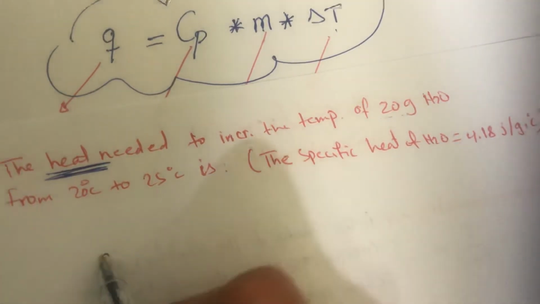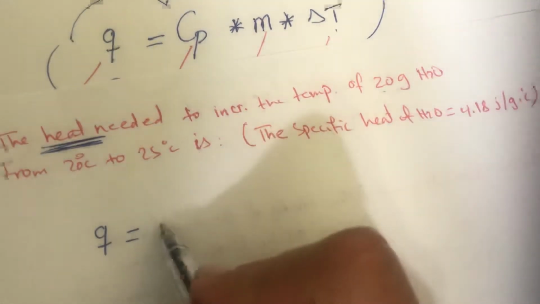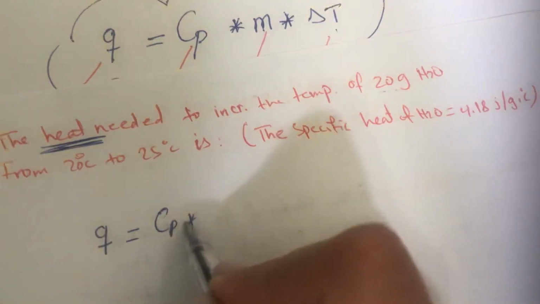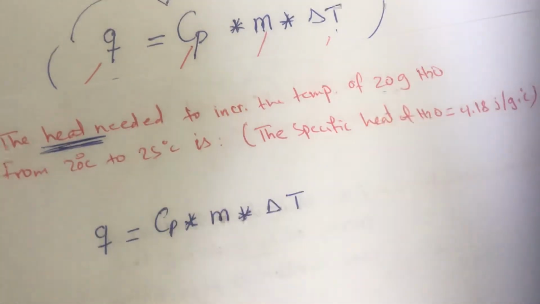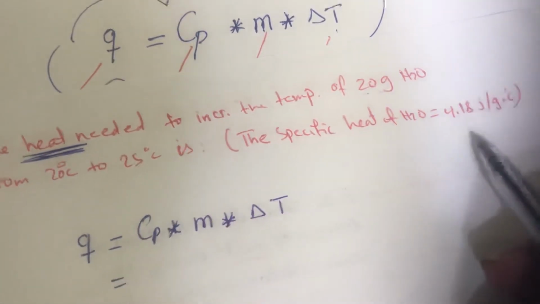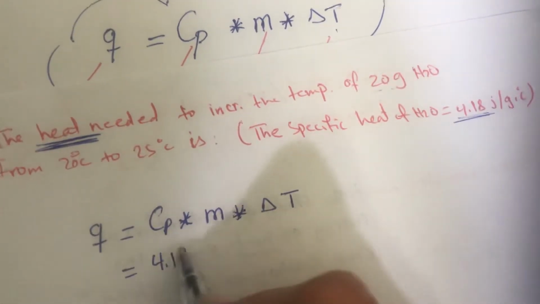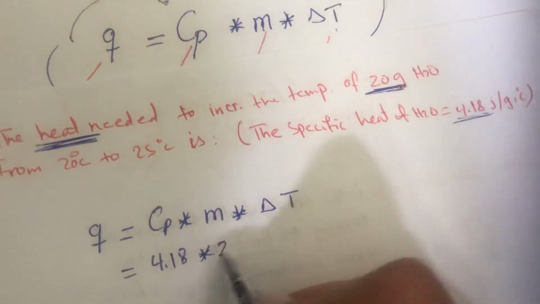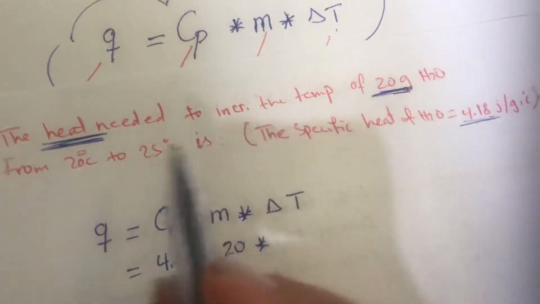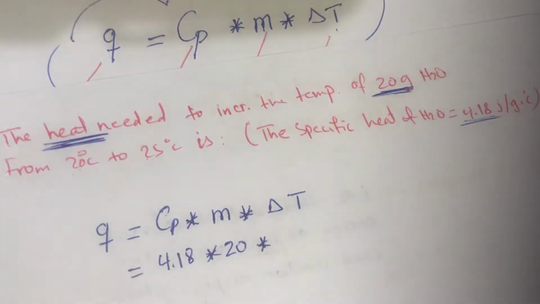So Q equals heat equals specific heat times mass times delta T. Specific heat is given in the question, 4.18, times mass is 20, times delta T. Delta T means change in temperature.